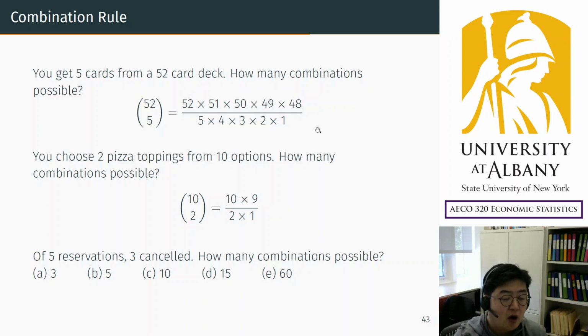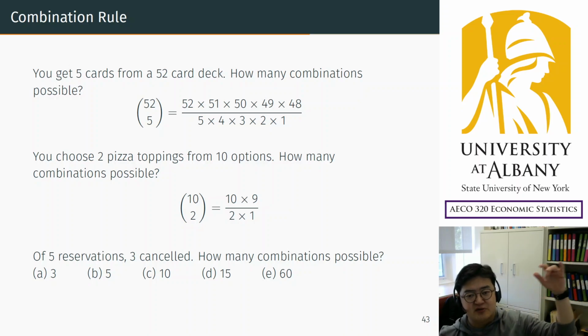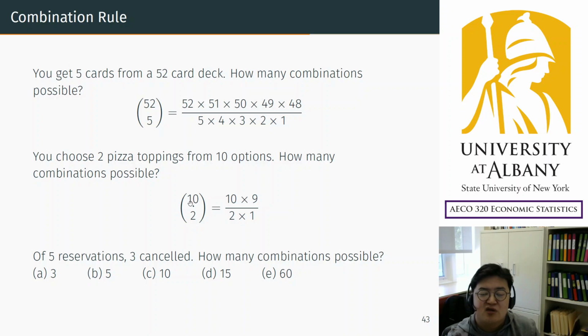Okay? Another example. When you order a 2-topping pizza, and there are 10 topping options, how many possible combinations are there? So you have 10 possible options, you choose 2 toppings, then 10 choose 2 is the number of possible combinations.